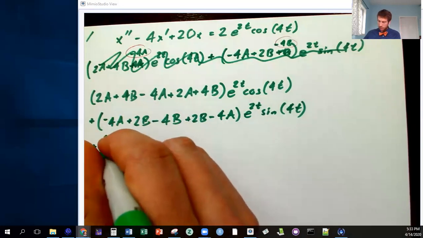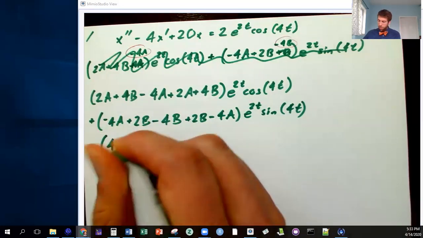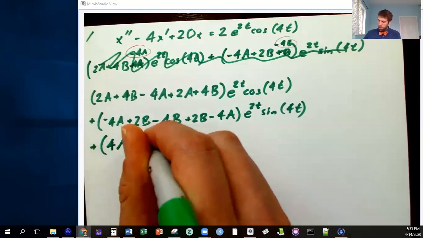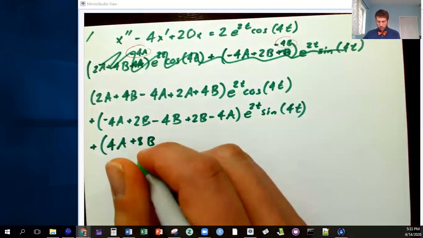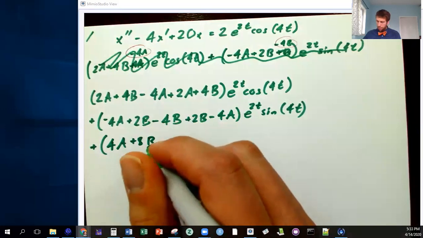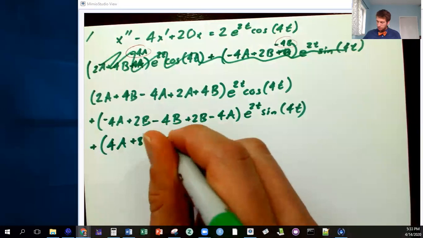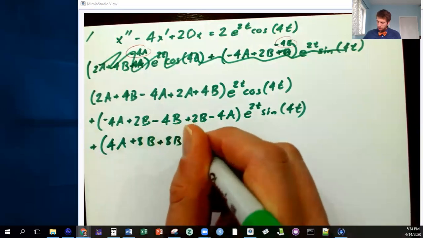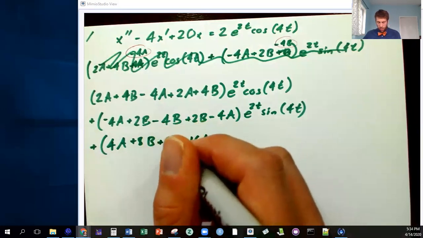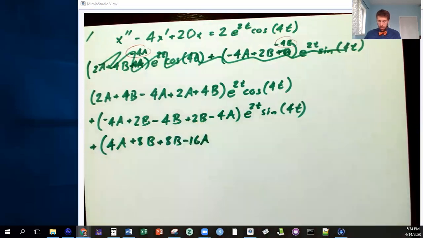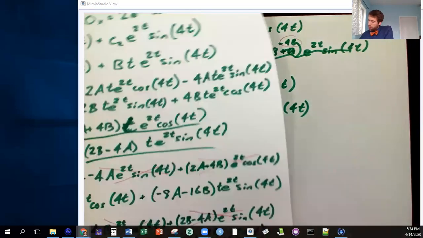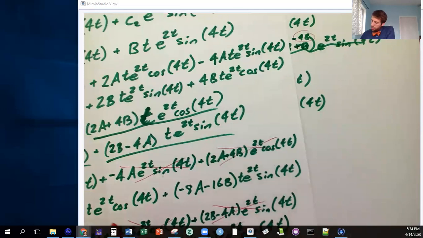So there's a 4a plus 8b, and then it shows up as a plus 8b minus 16a. Those are both t e to the 2t cosine 4t's. So cancel those. So I've used up those ones.